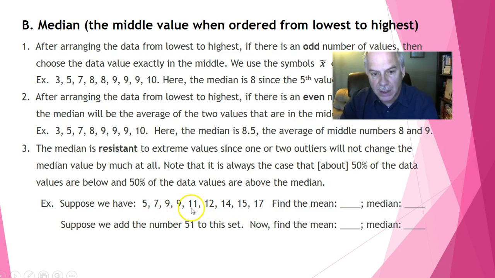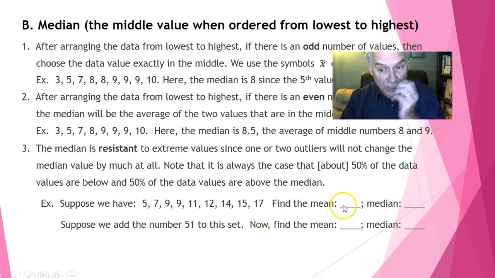You have a total of 9 values, so add them all up and divide by 9. If you added those values up, you should have gotten 99. Then if you divide by 9, because there are 9 values, you should have gotten a mean of 11. So the mean should be 11 for the original set.